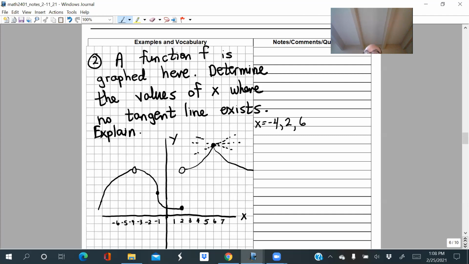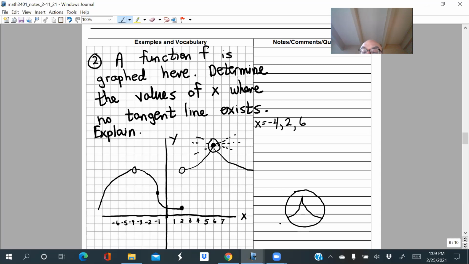And the reason you cannot is because if you zoom in on this point, you're going to get a peak. You're going to get a point right here. See, if you zoom in on this little piece of the graph, let's zoom in on it over here. It's going to look like this. That's just not a straight line.